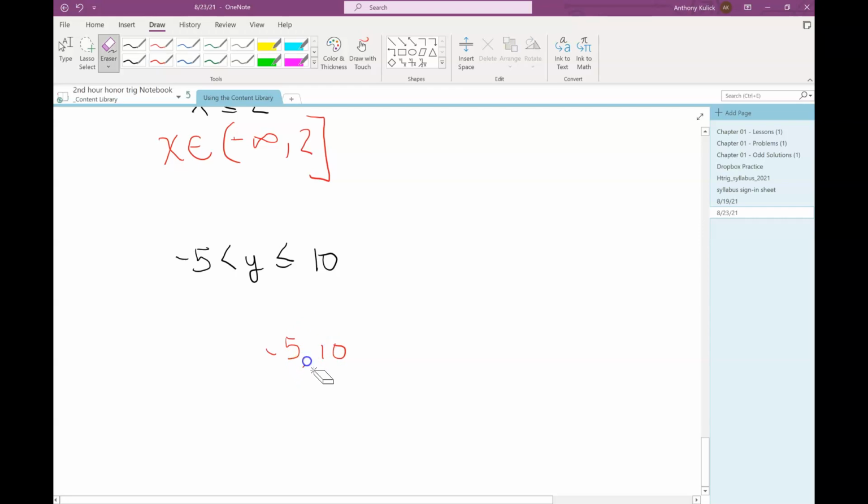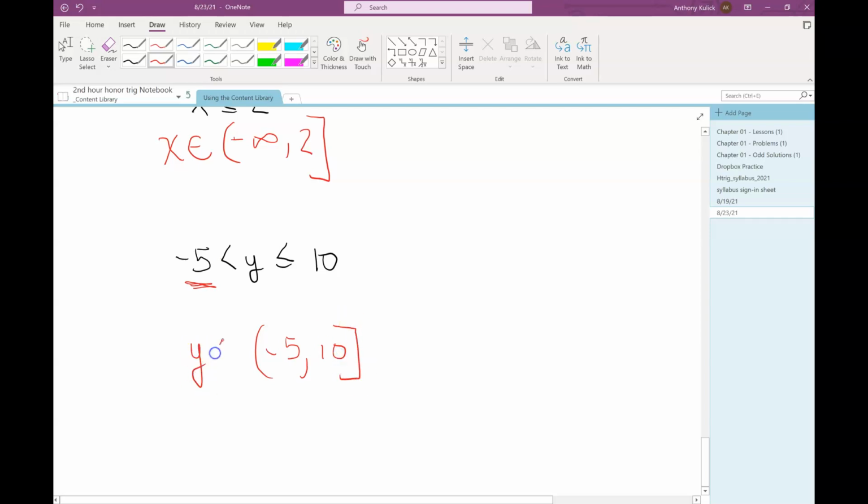Should the -5 get a parenthesis or a bracket? The -5 should get a parenthesis because -5 is less than y. -5 is not a member of that, does not satisfy that inequality, right? Because -5 isn't less than -5. Remember, the parenthesis is not included. So the 10 then gets a bracket.